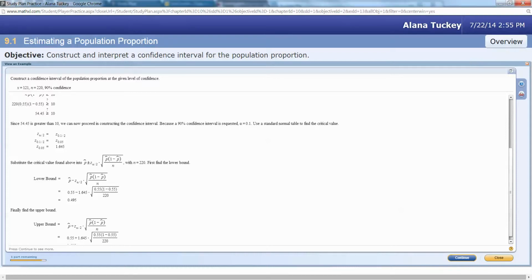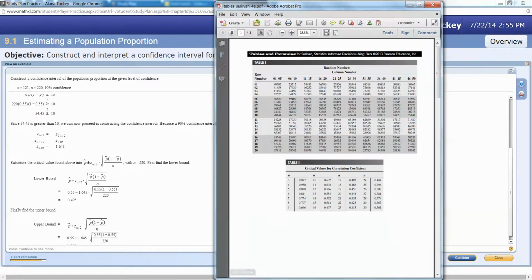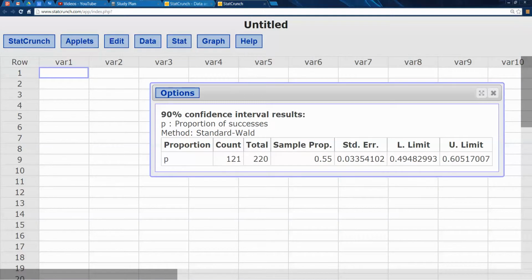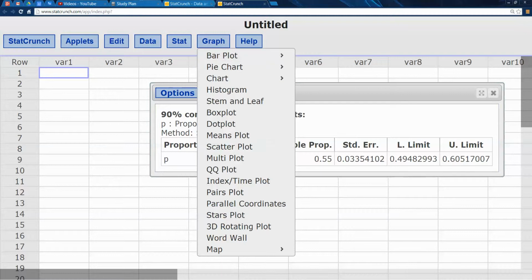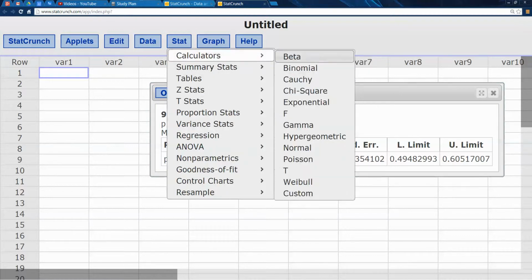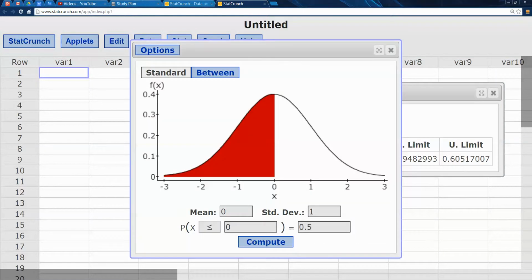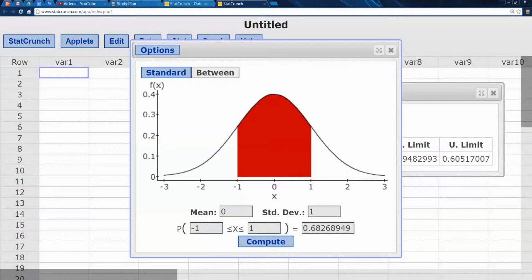Remember that if it's a 90% confidence interval, that's the center part. So what's the alpha on either side? Maybe it'll help if I bring up Statcrunch. If I go to calculators, pick a normal, and do between, I want that center to be 0.90.